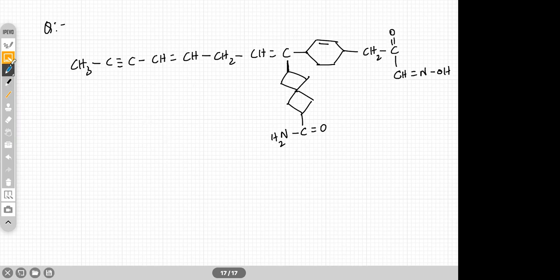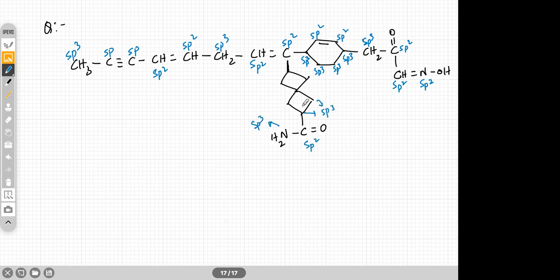So the first one I'll write down here. It is sp3, sp, sp, sp2, sp2, sp3, sp2, sp2, sp3, sp2, sp2, sp3, sp3, sp3. This one is sp3, sp2, sp2, sp2 here. Carbon is sp2, nitrogen is sp3. This is sp3, this is also sp3, this is also sp3, even this one is also sp3, sp3 and sp3.